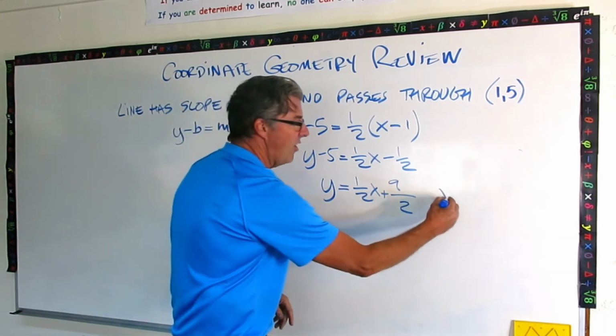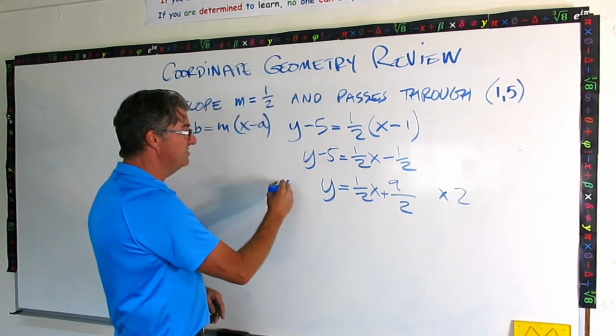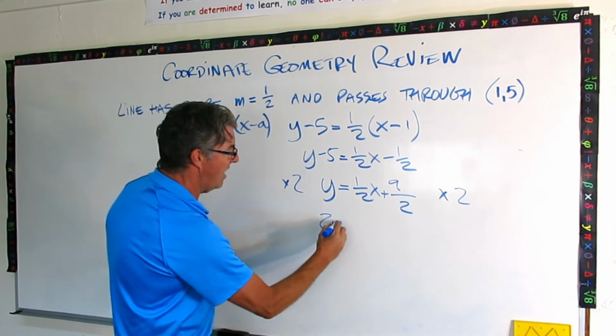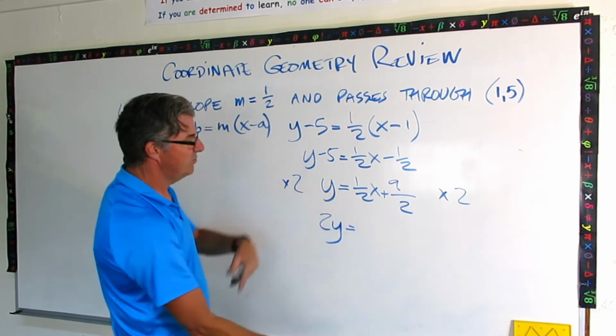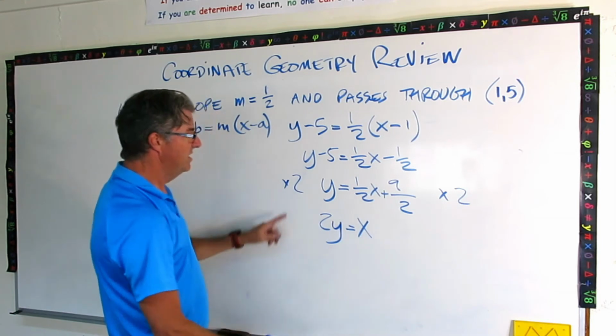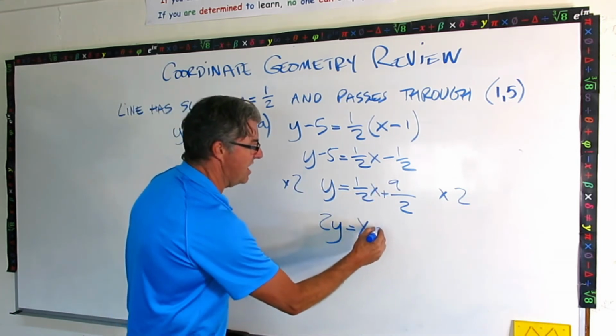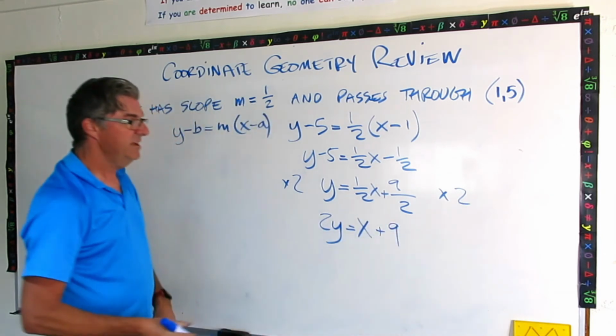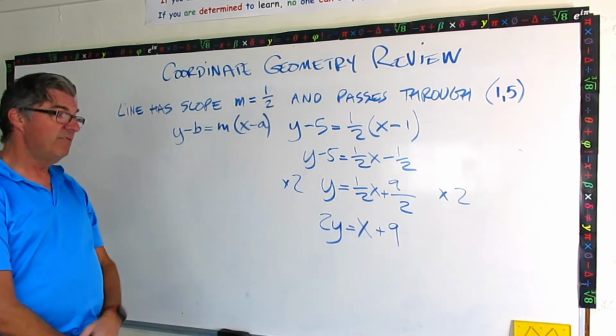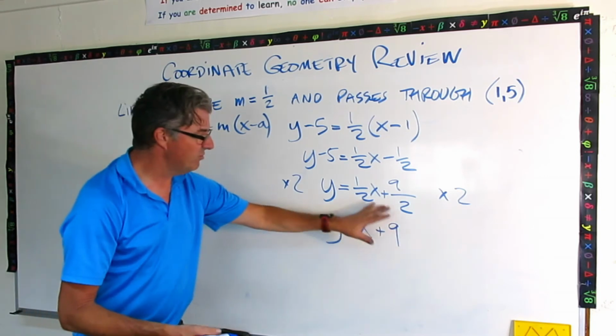So if I just multiply the whole equation on both sides by 2, I'm going to get 2y equals 2 times 1/2 is just 1x, plus 2 times 9 halves is 18 halves, which is just 9. Okay, so now I got rid of my fractions. Now I just need to rearrange this.